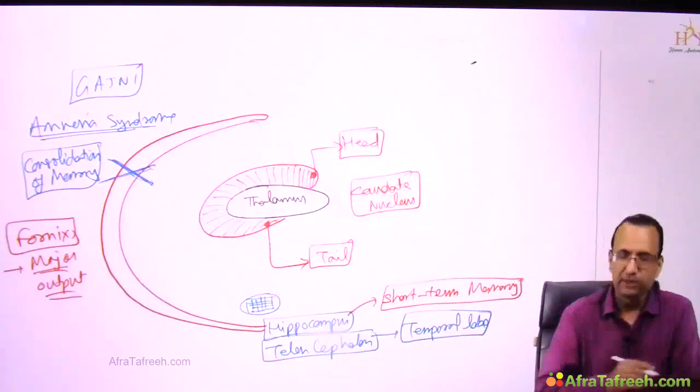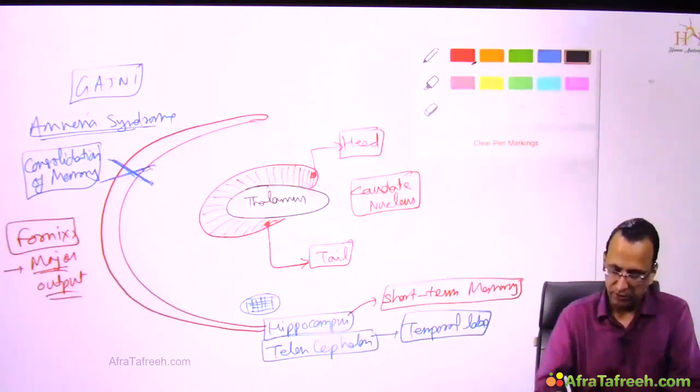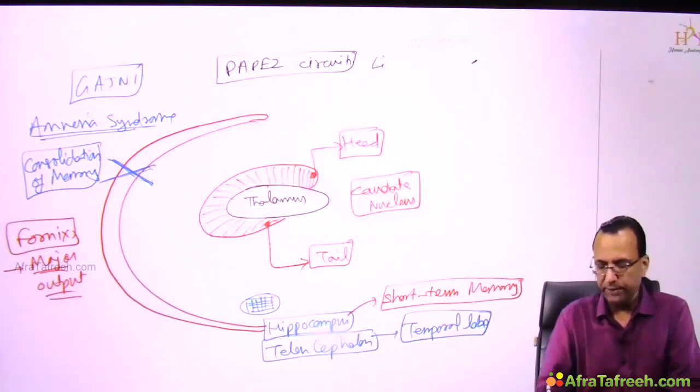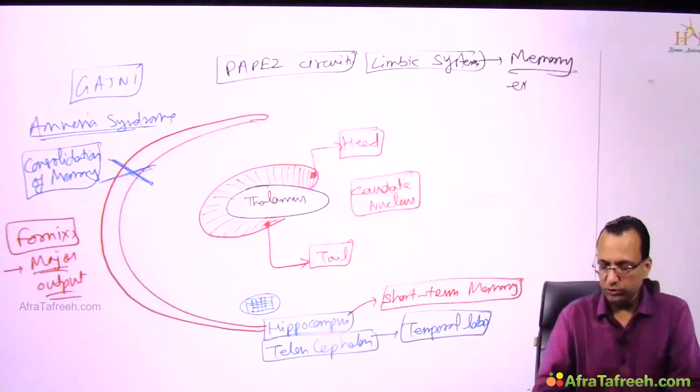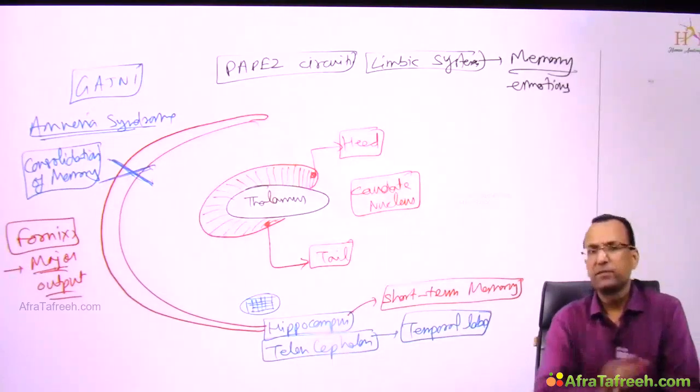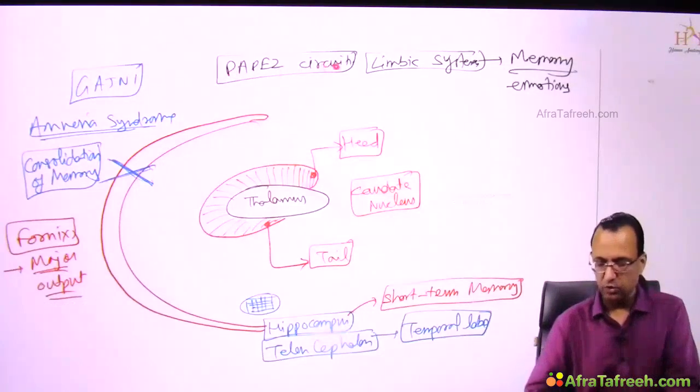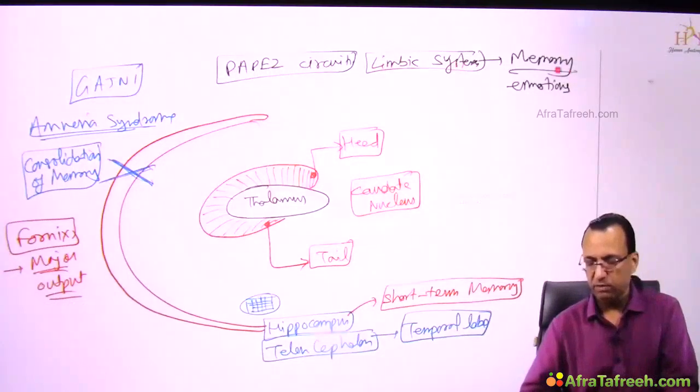It's a part of Papez circuit, which itself is a part of the limbic system. This limbic system is involved with memory and also emotions, understood? We have discussed this earlier.